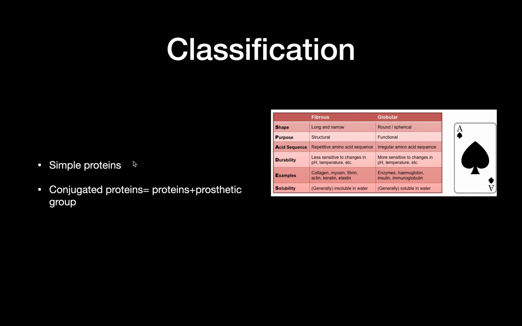Proteins can be simple, which means it's just the protein, there's nothing else about it, and they can be conjugated, which means there is a protein and a prosthetic group. Now the prosthetic group is permanent. It's not like a substrate which can attach or detach. There's a variety of classifications like shape, water solubility. Here's a nice little example with an acronym, SPADES.